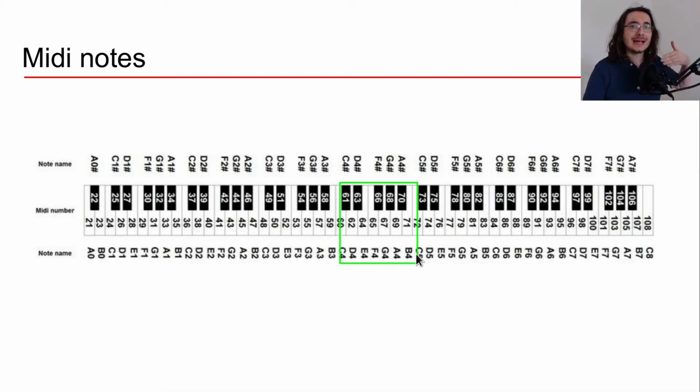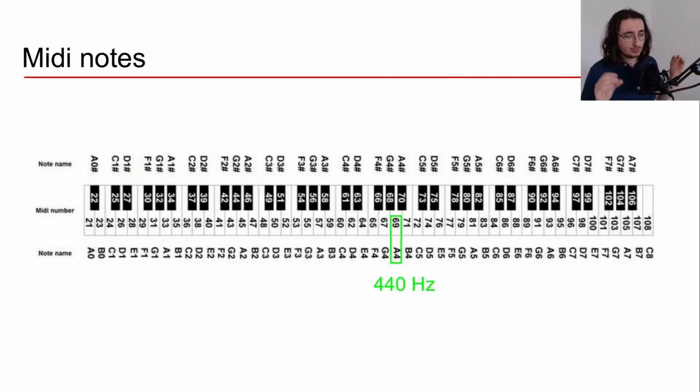Cool. So how does that map onto the idea of frequency? Let's take a look at that. We start with a simple note, a fundamental note, which is A4, or MIDI note 69. And this is set at 440 Hertz.